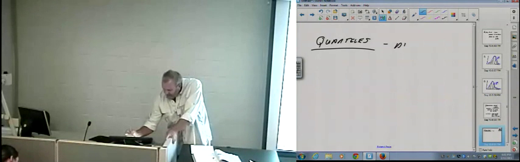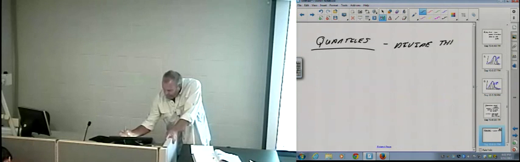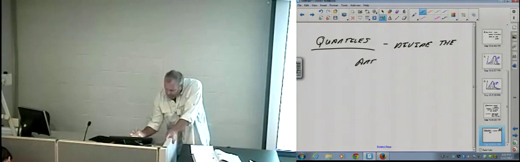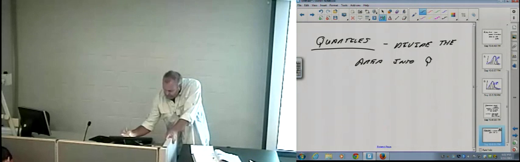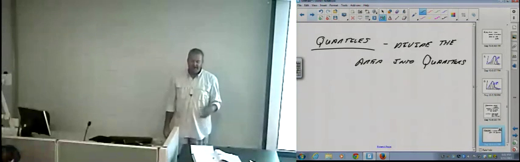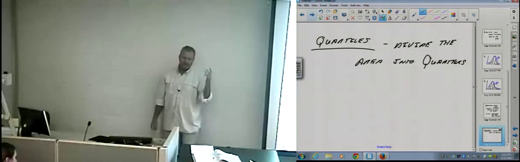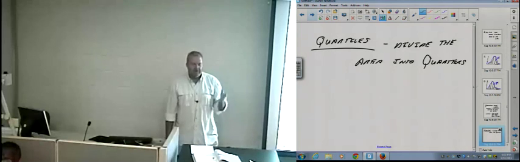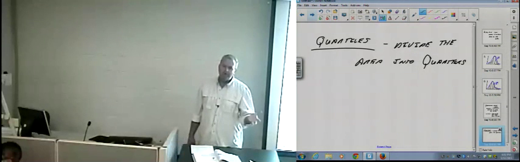They divide the area into quarters. Just like the quartiles of a set of data divide the data into quarters, the quartiles of a density curve divide the area of that curve into quarters. Okay?